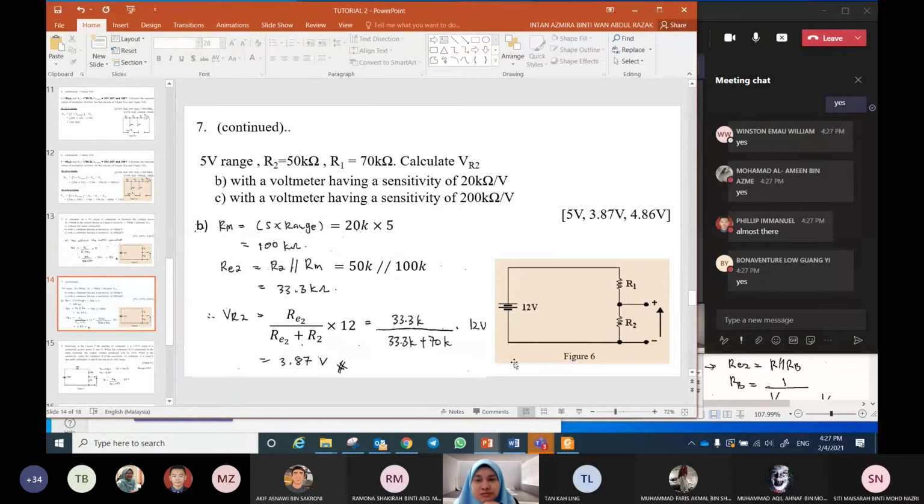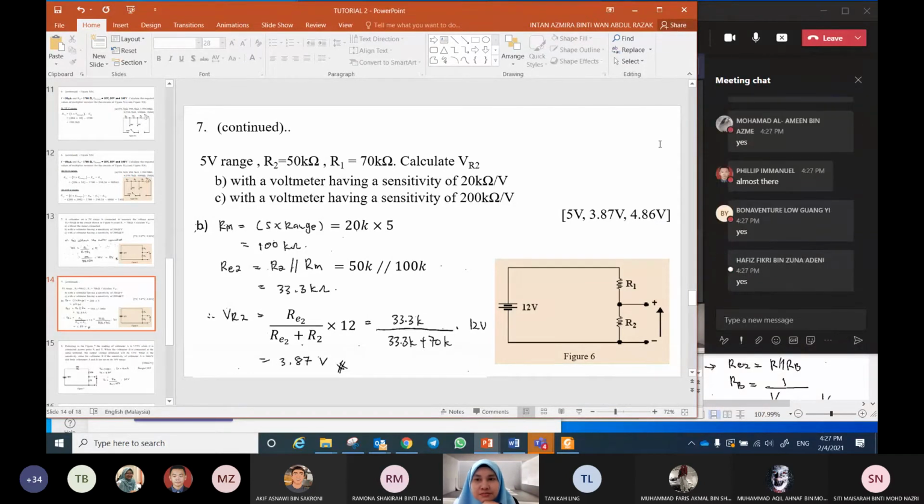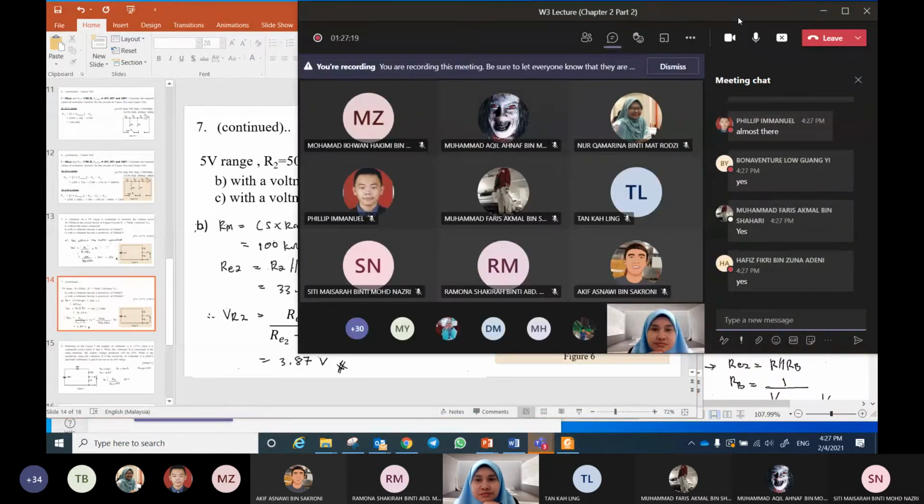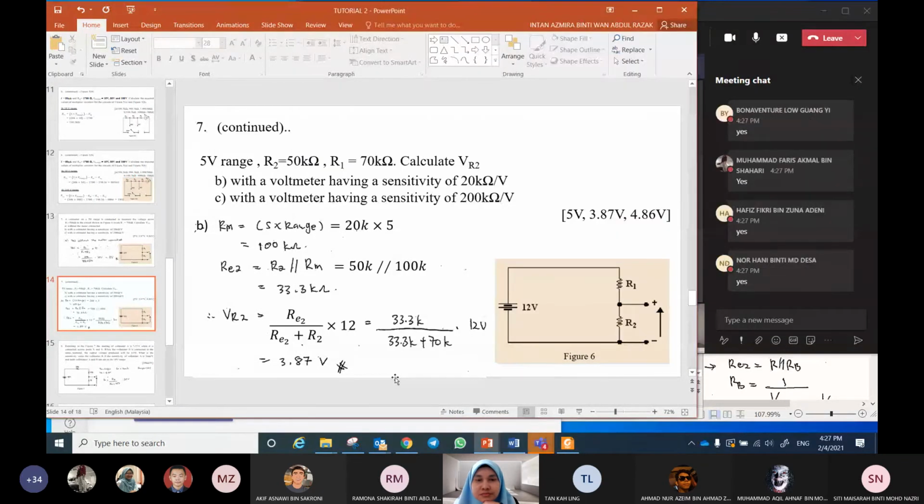Good. The 1 mega parallel with 50k, right? 200k multiply with 5 is 1 mega. 1 mega parallel with 50k.